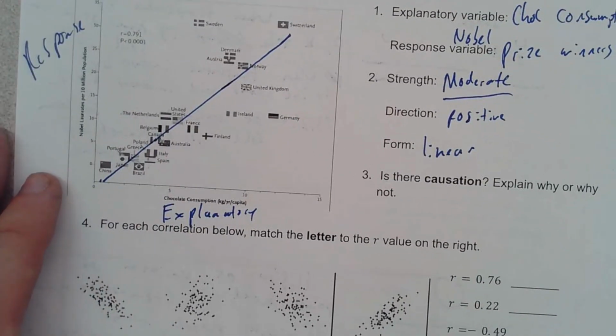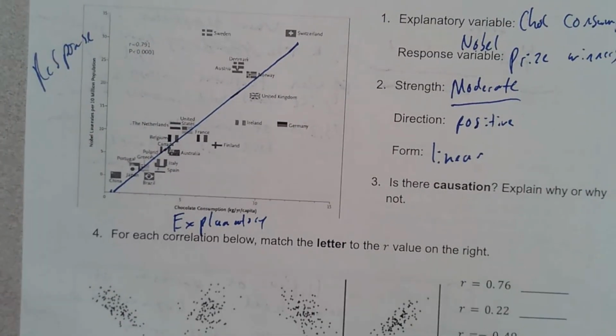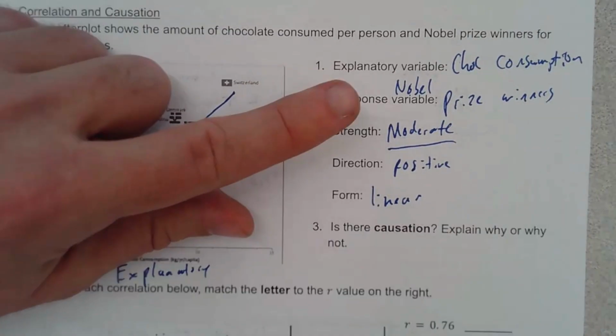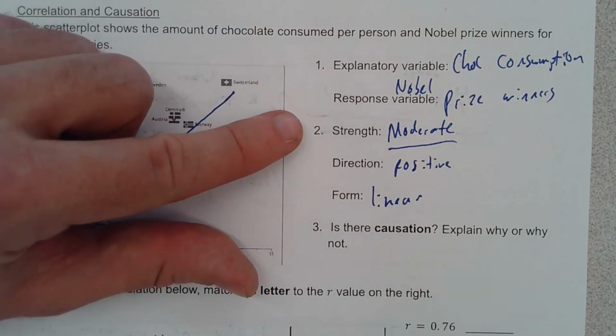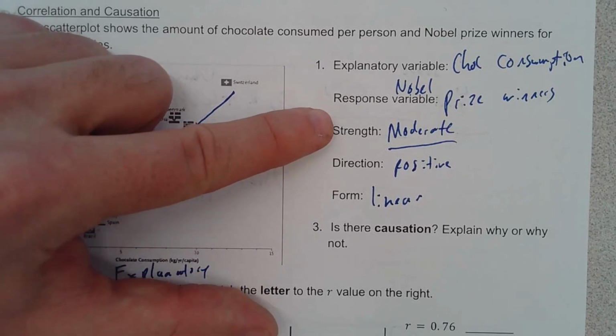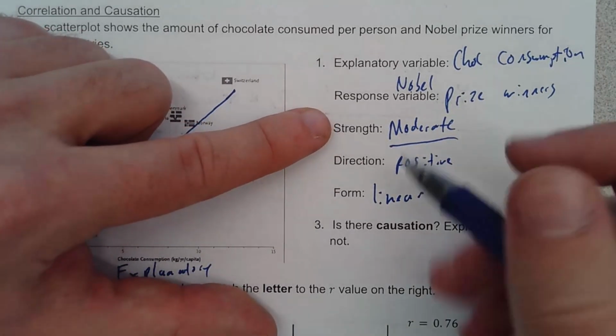Is there causation? Why or why not? Let's think about what we're measuring here. We've got chocolate consumption and Nobel Prize winners. Does chocolate consumption mean you win more Nobel Prizes? No, that's not causation.